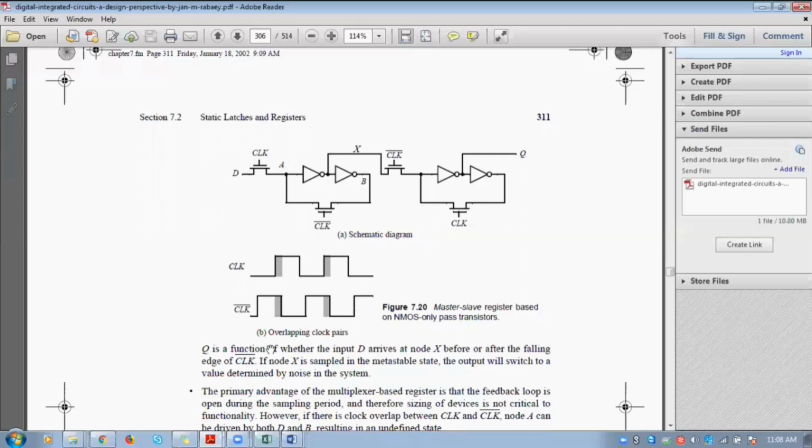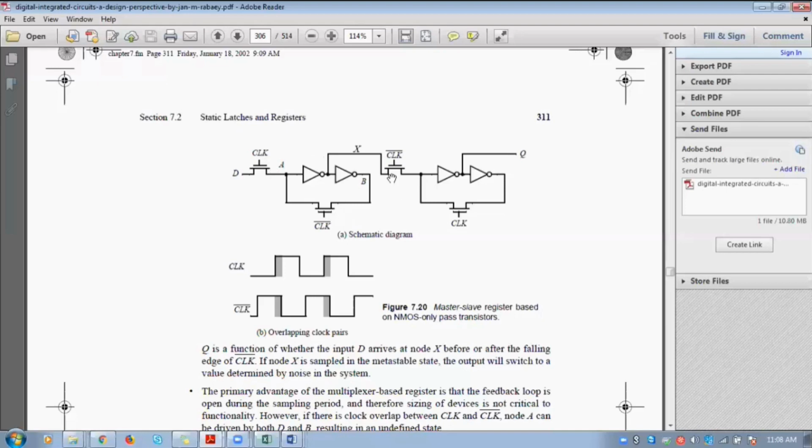But due to this overlapping clock, see at this particular point, clock as well as clock bar both are 1. So here it is a pass transistor concept. When I am applying clock as well as clock bar both as 1, both the transistors will be in on condition.